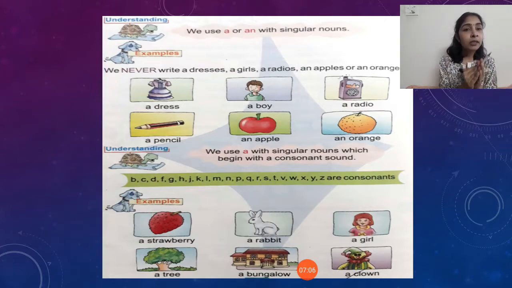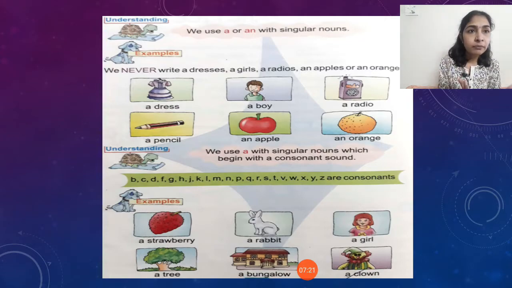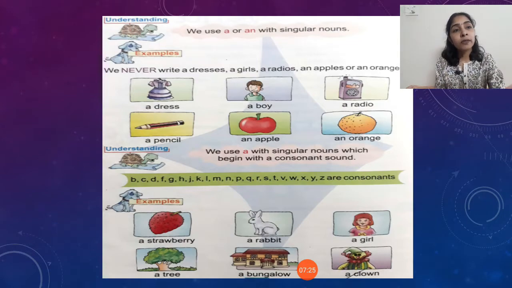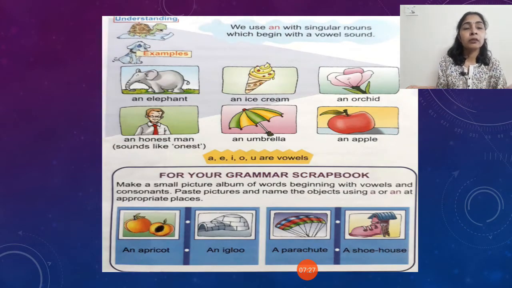They all are singular, but with a vowel sound we are using "an", and for others "a". Other examples are a strawberry, a rabbit, a girl, a tree, a bungalow, a clown. So we use "a dress", and these are both used with singular nouns.